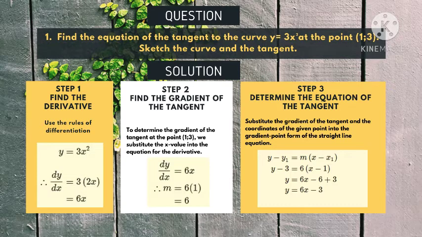To determine the gradient of the tangent at the point (1, 3), we substitute the x value into the equation for the derivative. So dy per dx is equal to 6x, and then substitute the value of x, and we get m, or gradient, is equal to 6 multiplied by 1, and then the value is 6.